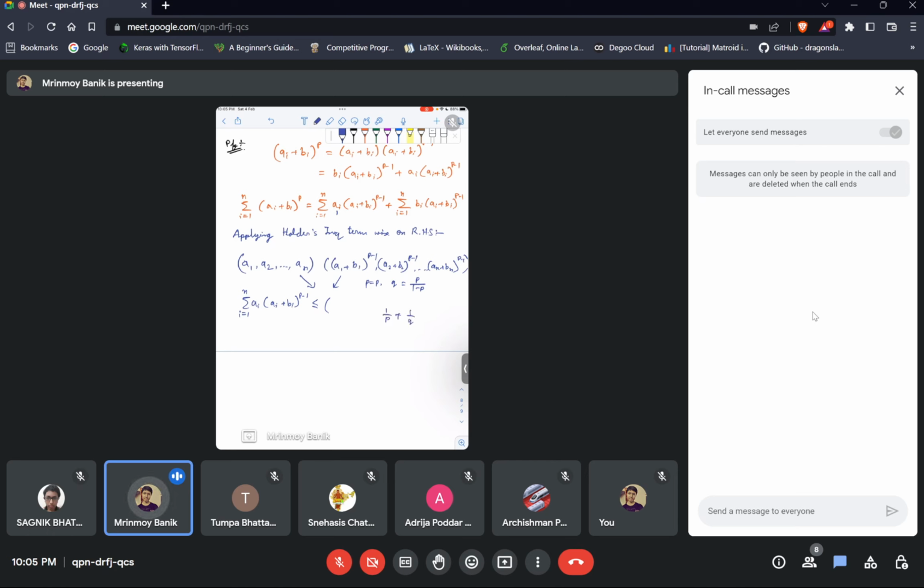That is, we have to make 1 by p plus 1 by q equal to 1. So 1 by q is 1 minus 1 by p, so q is p by p minus 1. So this is the sum over ai to the power p, whole power 1 by p, and the sum over (ai plus bi) to the power (p minus 1) times q, whole power 1 by q.